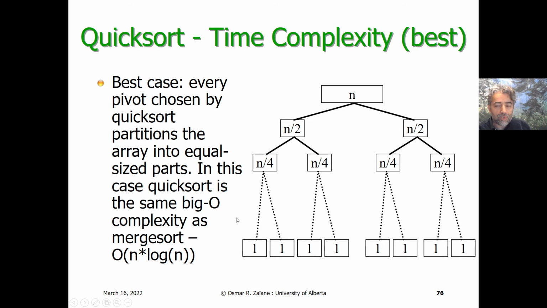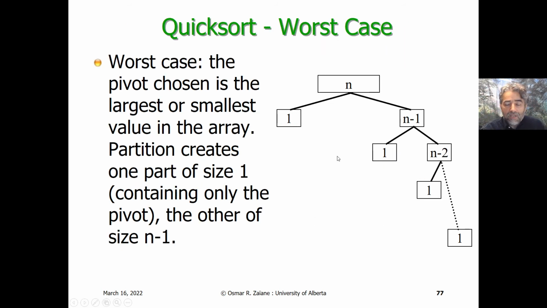But what is the worst case scenario? The worst case scenario is actually when you give a container that is already sorted. Let me show you the picture here. Here's my container, suppose it is already sorted. Then when I select the first one and I say, you are the pivot, everybody else is bigger than it.